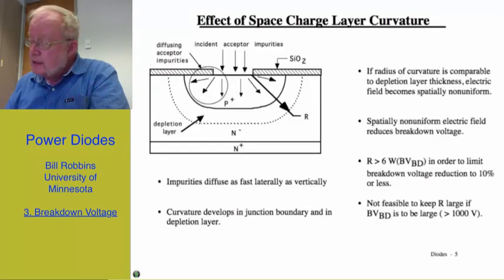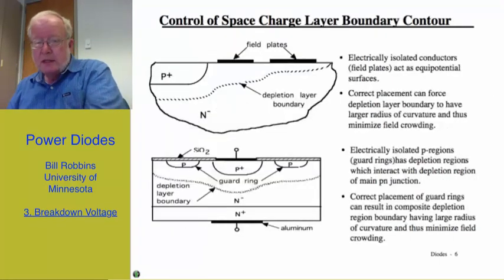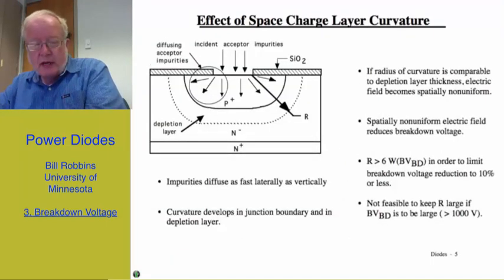the other factors that influence our breakdown voltage is any curvature that may come about in the space charge layer boundary.